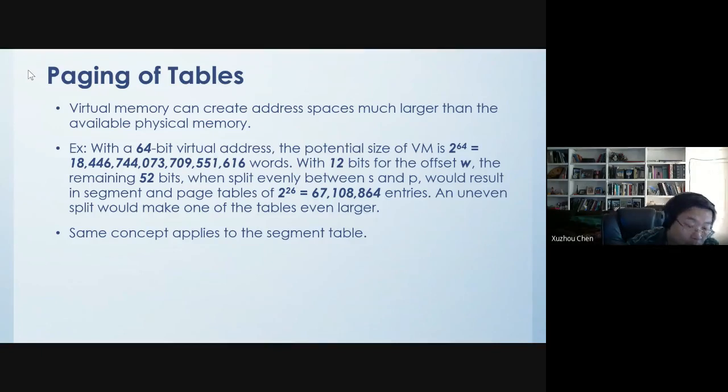Before we switch to page fault topics again, let's talk a little bit about paging of tables. Why do we want to talk about this? Because virtual memory can be very big. Virtual memory can create an address space much larger than the available physical memory.